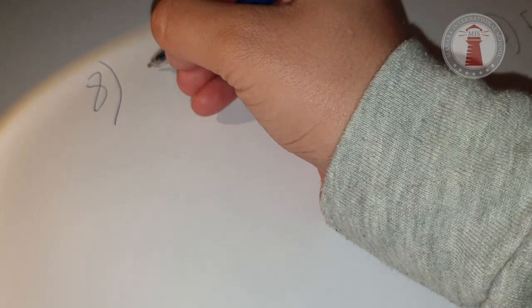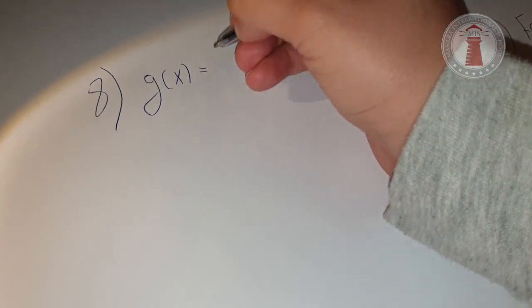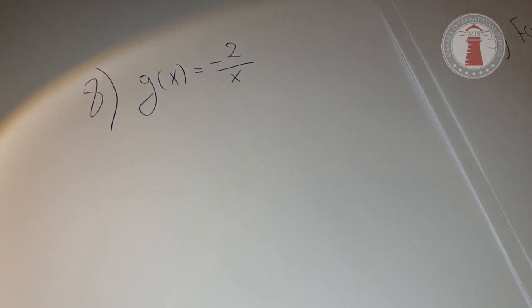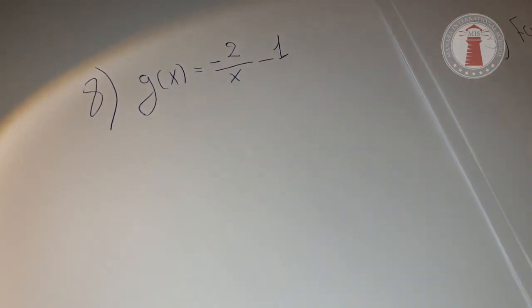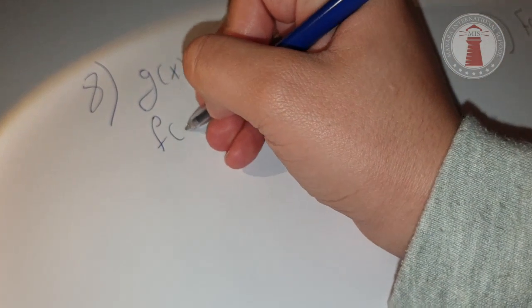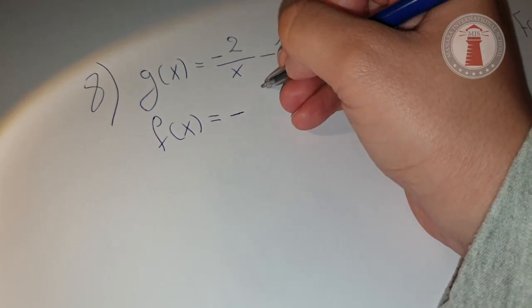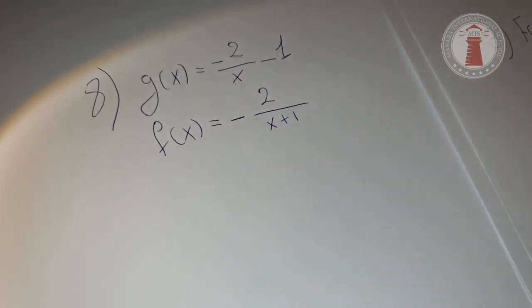Okay, number 8 on the worksheet. It says that g of x is equal to negative 2x minus 1, and the other function is f of x is equal to negative 2 over x plus 1.